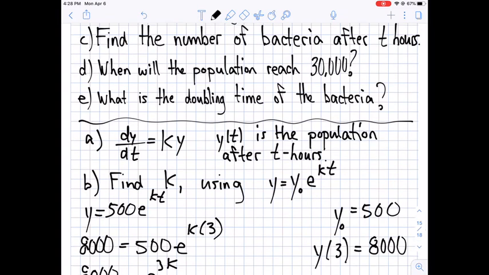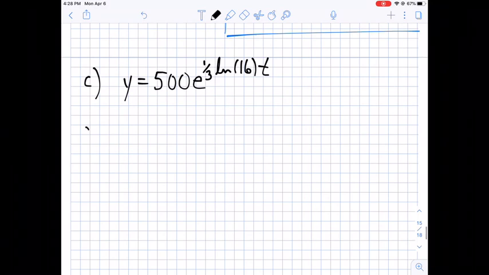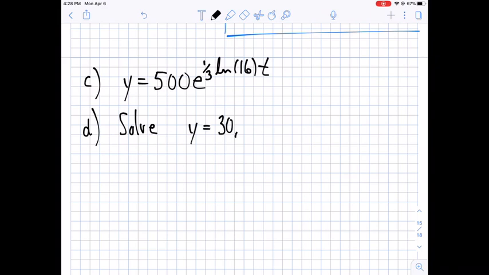Let's take a look at D. When will the population reach 30,000? Here, all we're going to do is solve for when y is equal to 30,000, and we want to find t. So fine, let's set this up and see what we end up with.